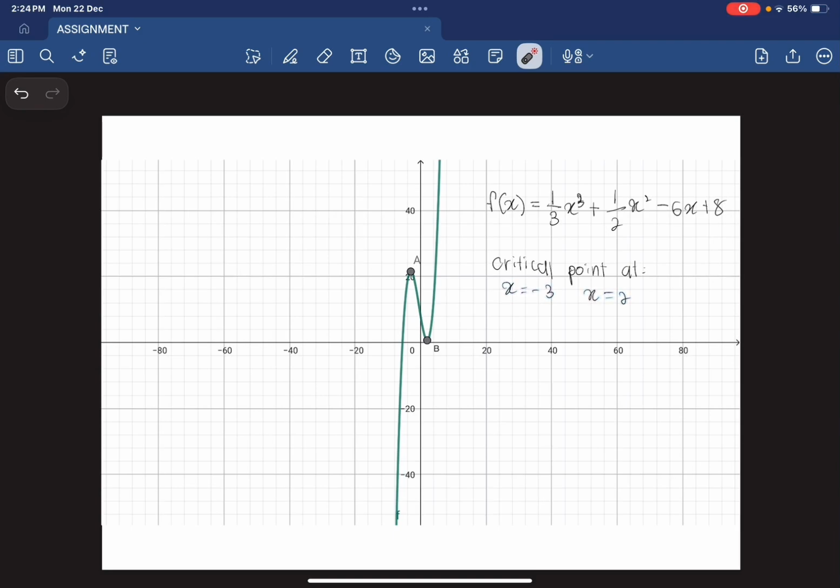At x equal to negative 3, the graph reaches a relative maximum as the curve changes from increasing to decreasing. At x equal to 2, the graph reaches a relative minimum as the curve changes from decreasing to increasing. The graph is increasing on the intervals negative infinity to negative 3 and 2 to infinity, and decreasing on the interval negative 3 to 2.